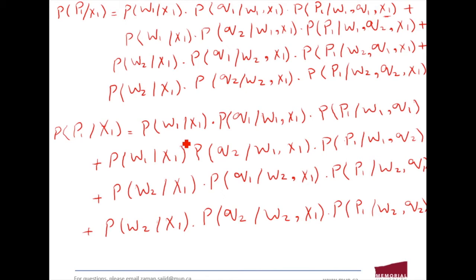In the next step I need to find out these terms here, the probability of W1 given X1 and the rest of the terms related to this. For that I will again use the law of total probability.